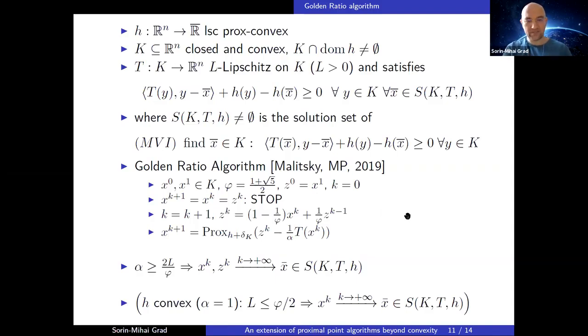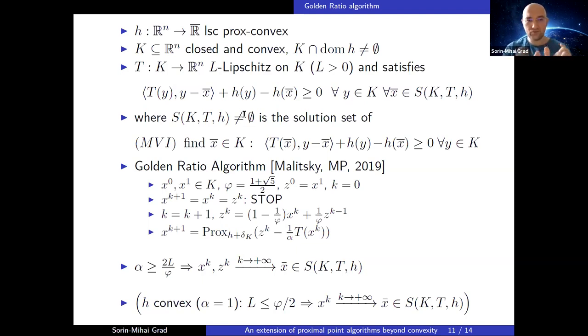Of course, one can ask, yes, it's nice, but this is only the most basic algorithm in this case. What happens in the case of step sizes? Because here we took step sizes to be 1. If we introduce also some step sizes like lambda, so prox of lambda h and so on, then the hypothesis has to be modified in the sense that both h and alpha lambda h, where lambda is again the step size, have to be prox-convex.